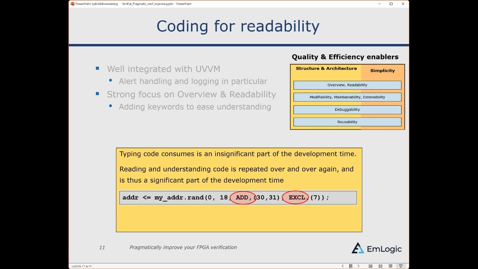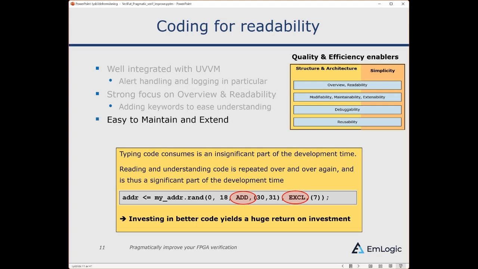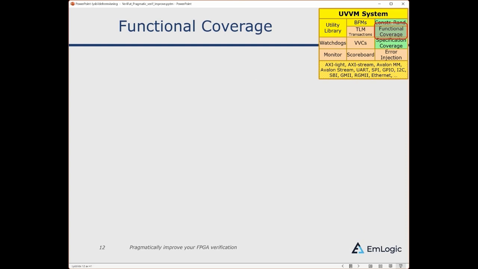Reading and understanding code on the other side is repeated over and over again, and that is important. So investing in better code yields, in my opinion, a huge return on investment. These extra characters improve readability a lot, and it makes it easier to maintain and extend as well.